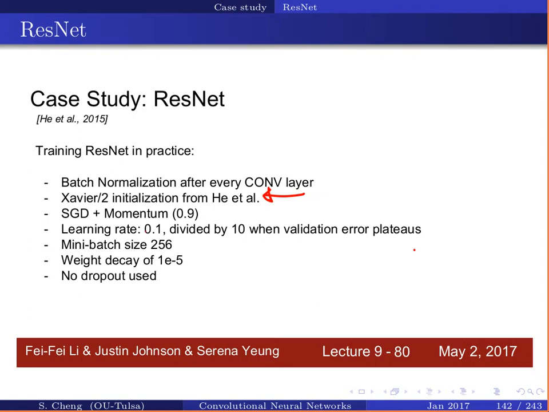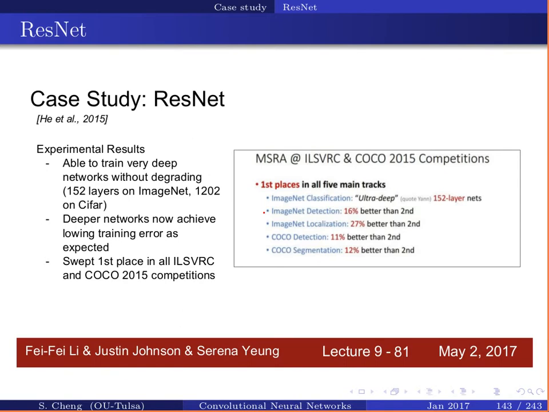They use a learning rate of 0.1, and then they reduce the learning rate whenever it plateaus for the training error. The mini-batch size is 256. They have weight decay of 10 to the minus 5, and no dropout was used. So in the paper they said no dropout is necessary.